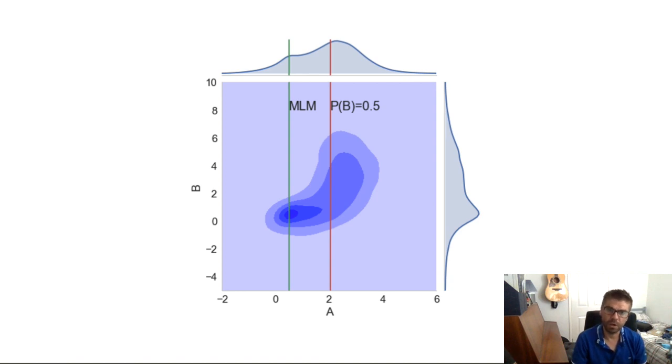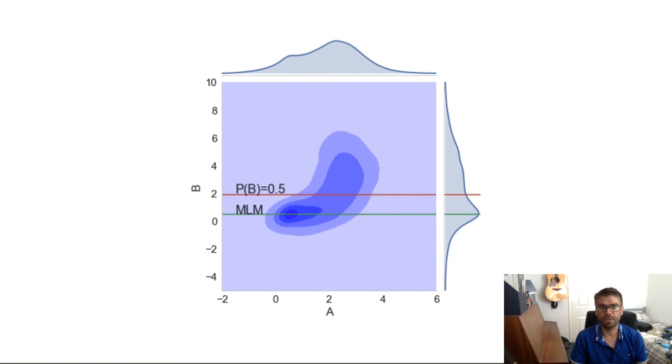However, because of this curved shape of this distribution, the line which actually governs 50% is shown in red, which, as you can see, differs from the answer you would get from a maximum likelihood method. And we could do the same for a parameter B here.